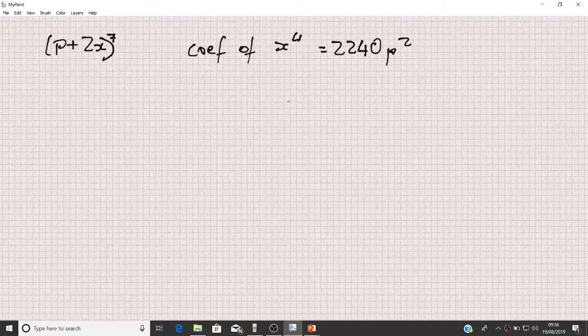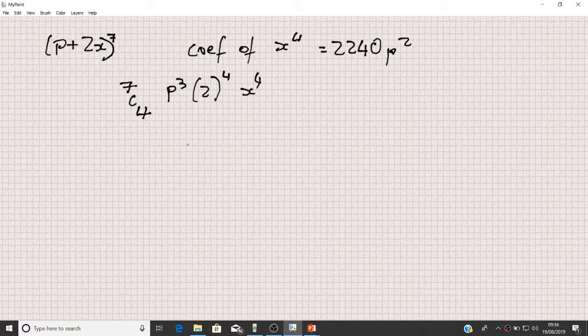Okay, so let's take a look at the term with x to the power of 4 in. So we will have 7C4 p cubed (2x) to the power of 4.